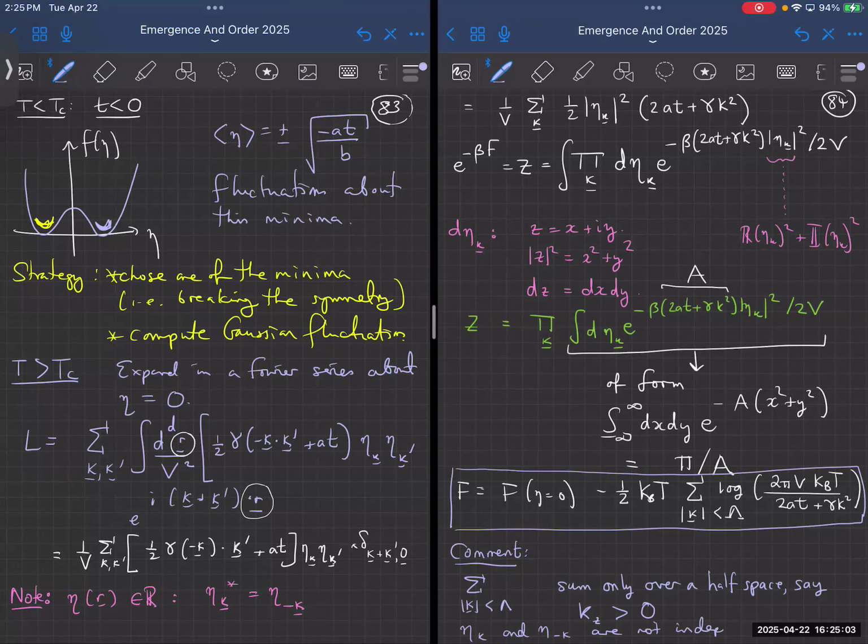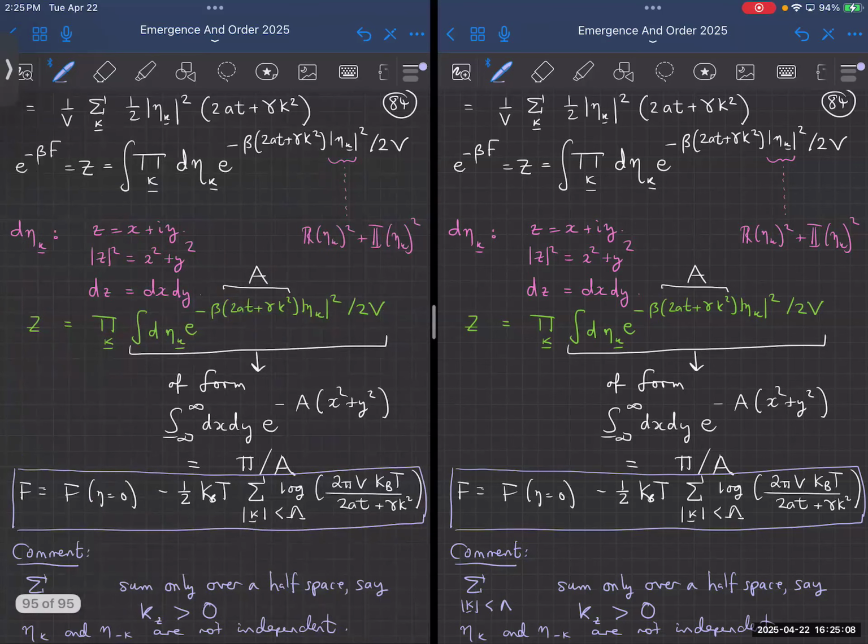I don't want to double count, I only want to count each mode once. Okay, so that's how we do the free energy.